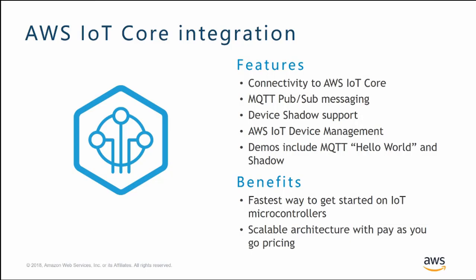We integrate with AWS IoT Device Management, which is a new service that allows you to do things like send notifications to your devices. And we have demos that expose all this functionality in a clear way, so you can get started very quickly. This integration with AWS IoT Core uses all its functionality, and it has the same pay-as-you-go pricing that any other user of AWS IoT Core has.